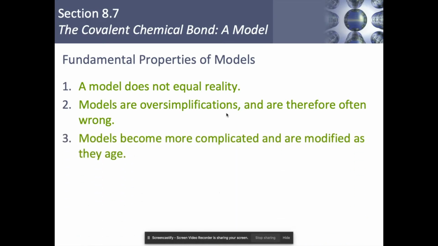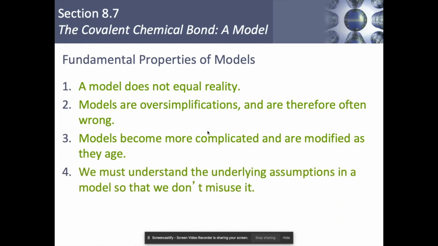But they are a good building block into understanding and creating a workable model of how the universe functions, okay? And yes, models become more complicated and can be modified as they age. And so some of the modeling techniques that we're actually going to be utilizing are pretty old, like a century old, but they still hold up, generally speaking.